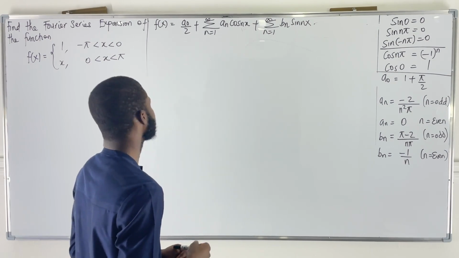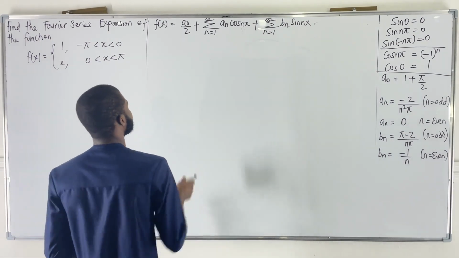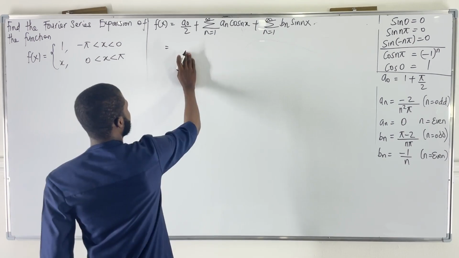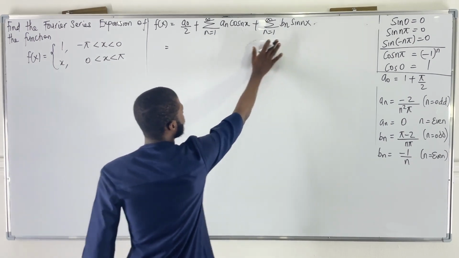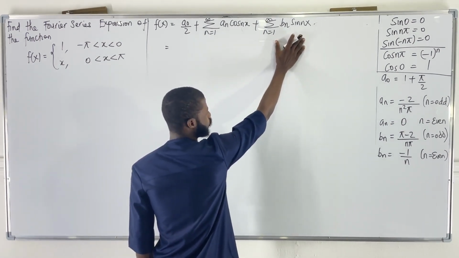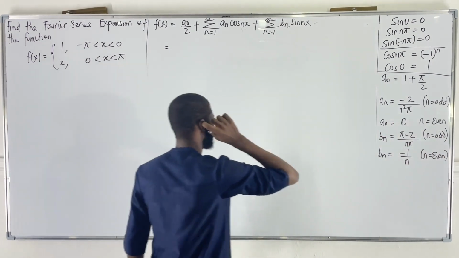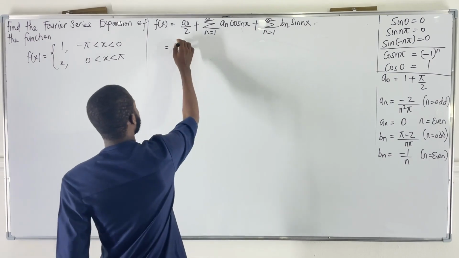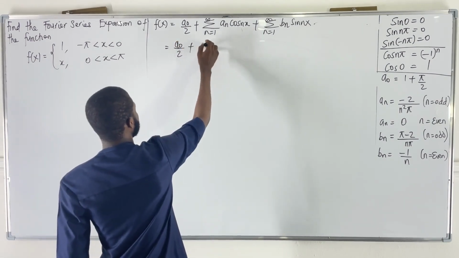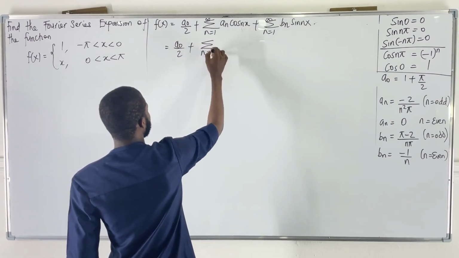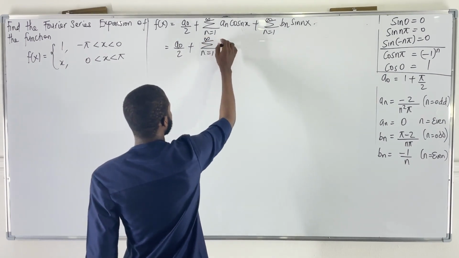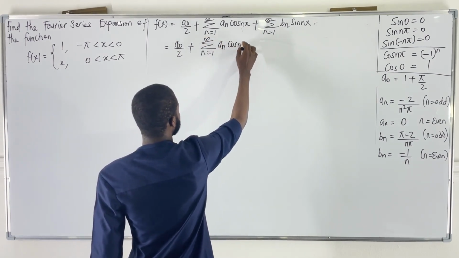So right now, let's put it in. Let's get started. I want to split b sub n into 2 in such a way that we're going to have odd and even. So I'm going to leave the a naught over 2 like that, plus the sum from n equal to 1 to infinity, I'm also going to leave a sub n like that.